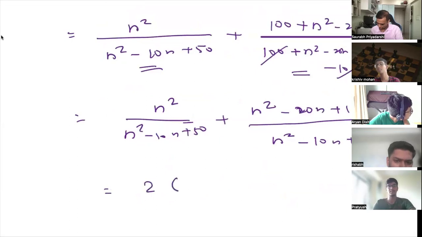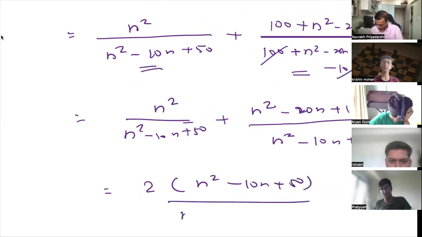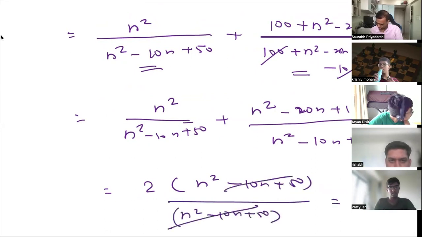If 2 I'll take common out, so this is n square minus 10n plus 50 upon n square minus 10n plus 50. This is coming as 2.